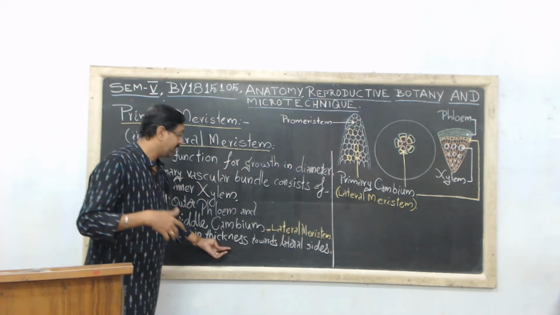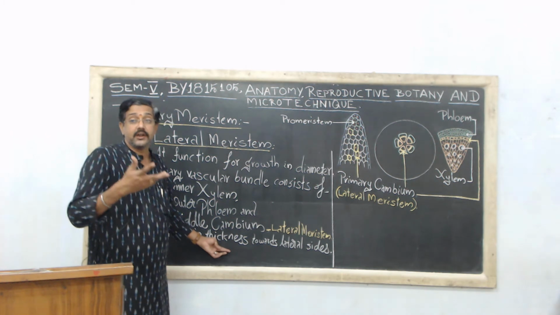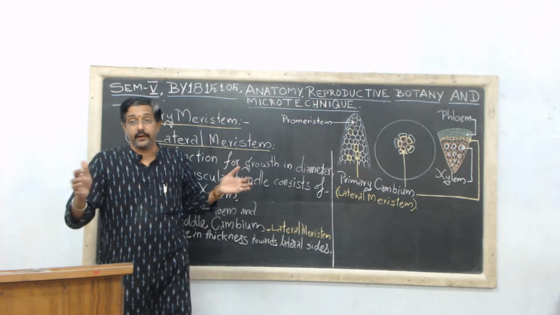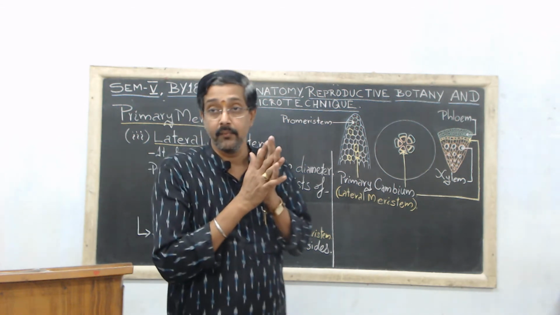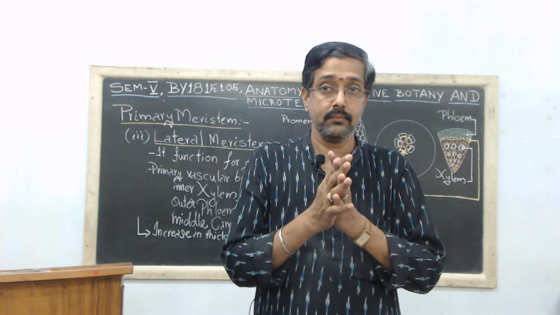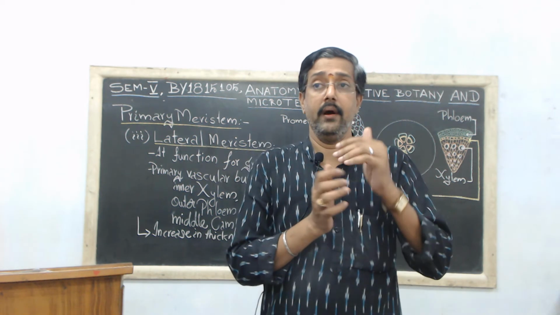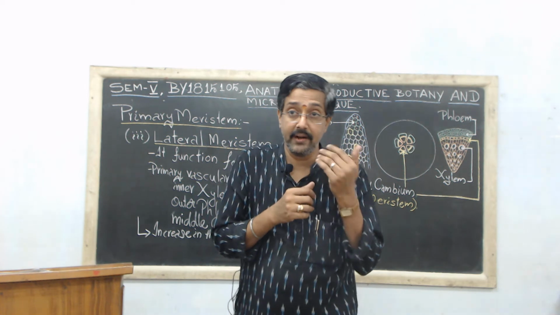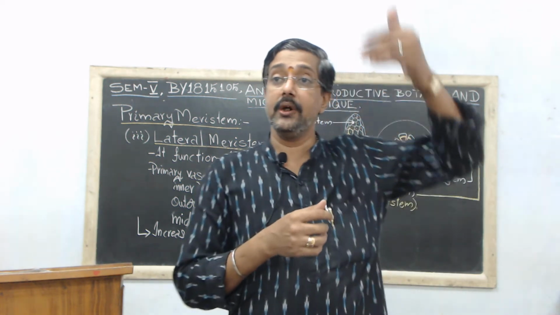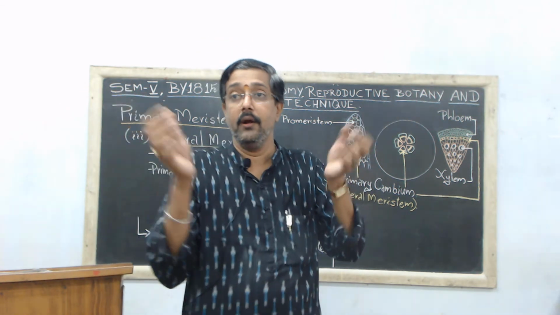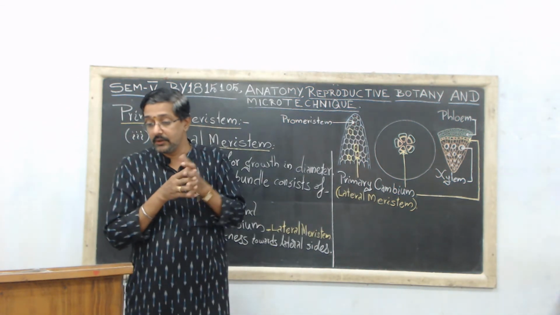The increase in thickness we can see towards the lateral sides, towards the periphery. So apical meristem is the first derivative of primary meristem. Remember, the apical meristem enhances length or increase in height. And the second one is what?